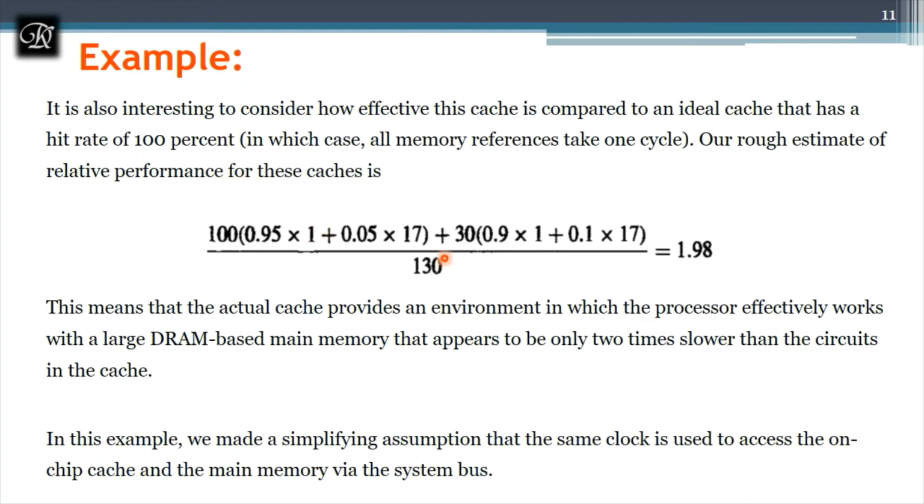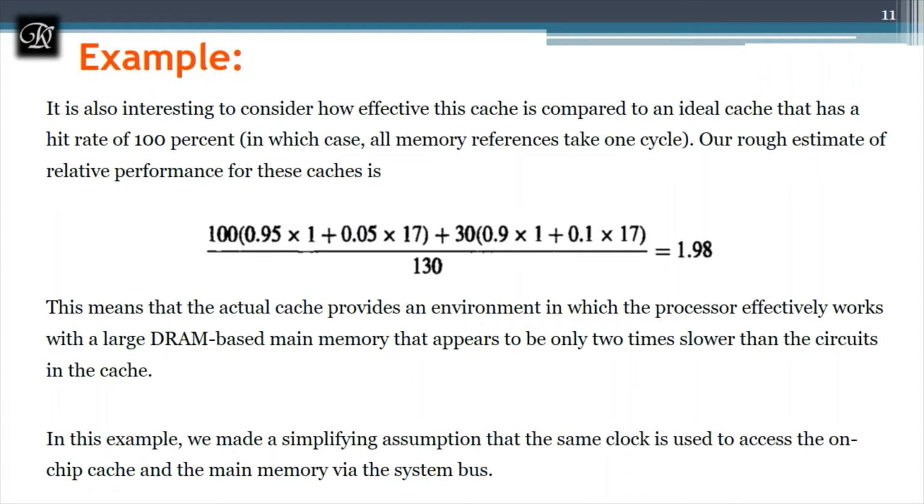We are considering that all the 130 instructions are available on the cache, and we are getting all those on the processor. The remaining, with cache, is from the same data: 100 instructions with 0.95 and 30 instructions with 0.9.